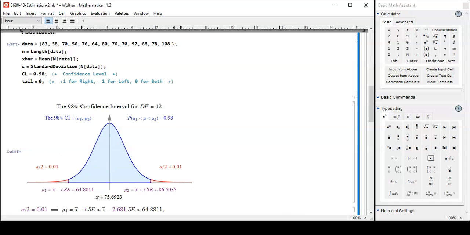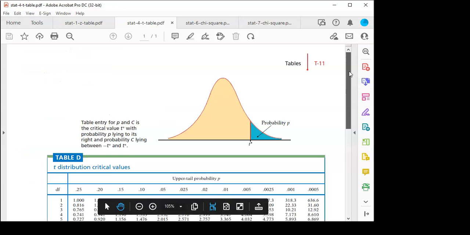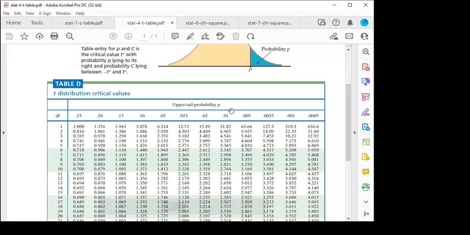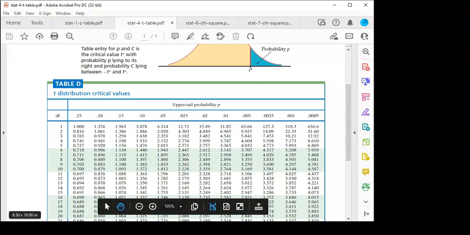So let's go to that table here. Let's go to 1%, so that's this column. And degree of freedom is 12. Let's see. 2.681. Is that right? 2.681. That's my t-score.